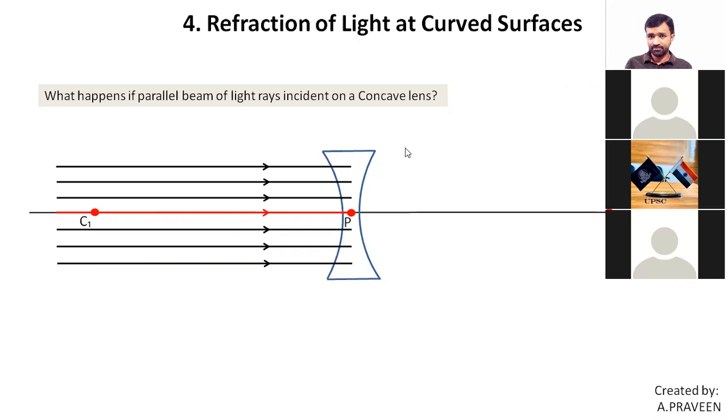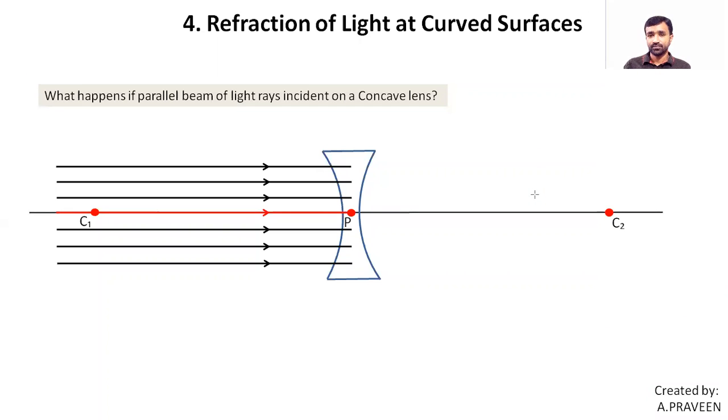Second surface. So from which surface do I have to draw the normal? Second surface only, because you are expecting the refraction from the second surface.